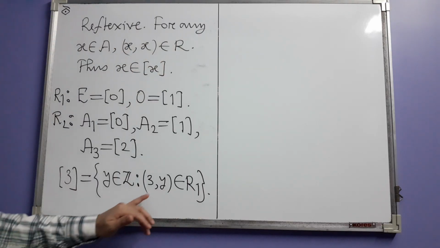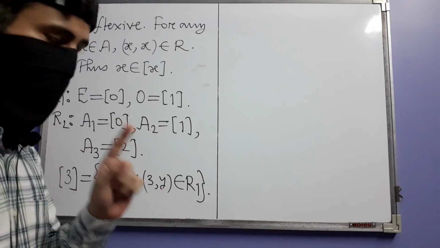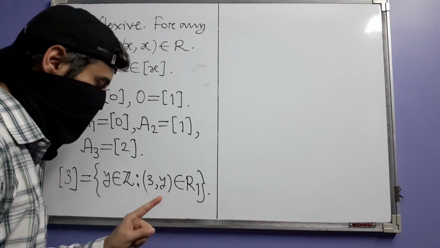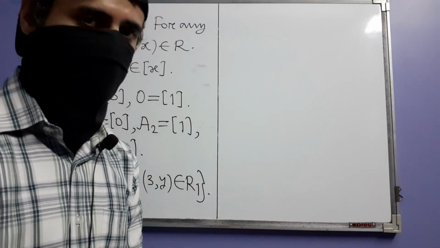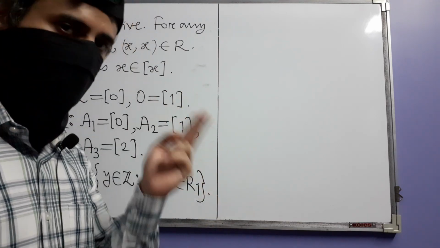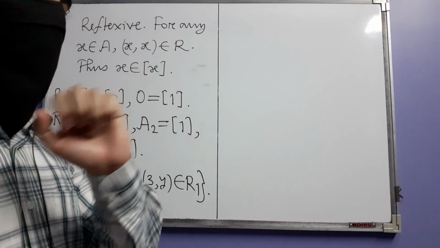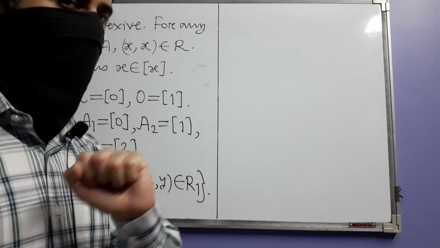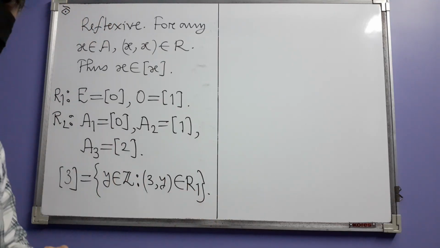Well, 3 is related to y. We already noted something about the relation R1. Two even integers are related to each other, two odd integers are related to each other, and no even integer is related to any odd integer, nor is any odd integer related to any even integer by this relation R1.